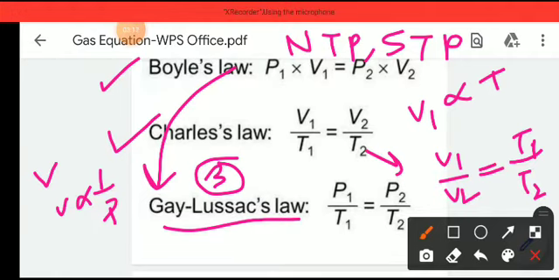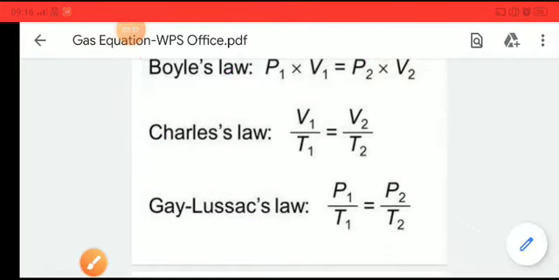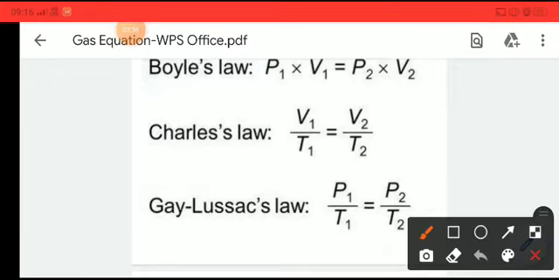There is a bigger explanation, but we will understand Gay-Lussac's law in class 10, and for now there is no need to understand it because it is not in your syllabus. Just know that for Gay-Lussac's law the mathematical expression is P1 by T1 is equal to P2 by T2.